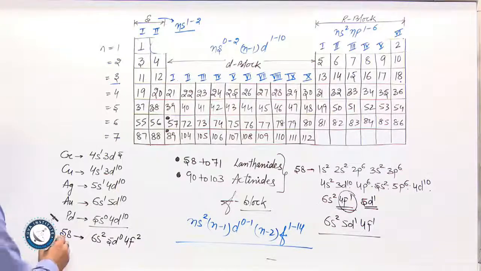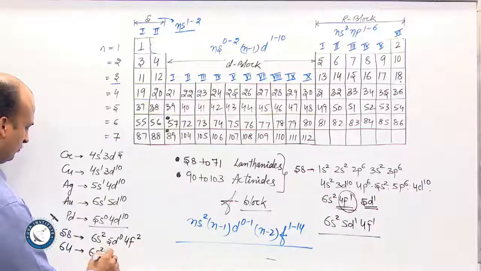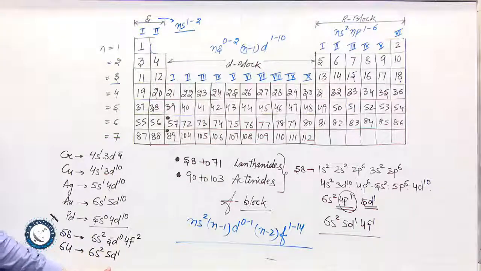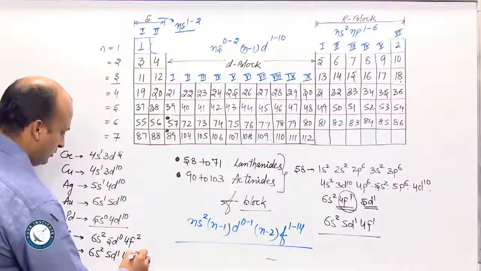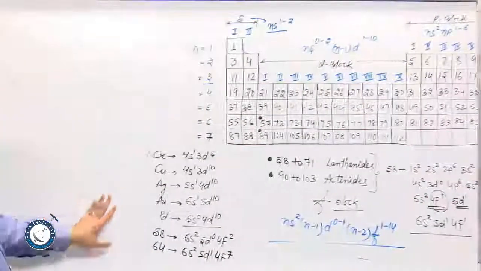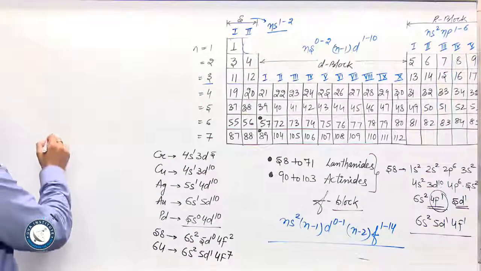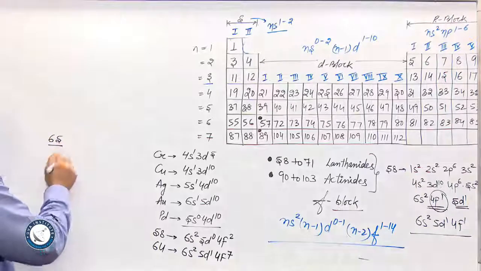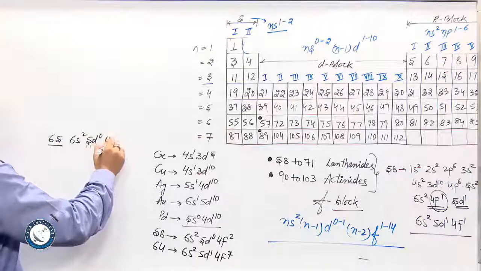Then for 64, 6s2 5d1. See, over here you are getting 5d1 and 4f7. Please remember the configuration of the elements that I am telling you. Now for 65, this will again be exceptional because again you have got 0 and you have got 4f9.